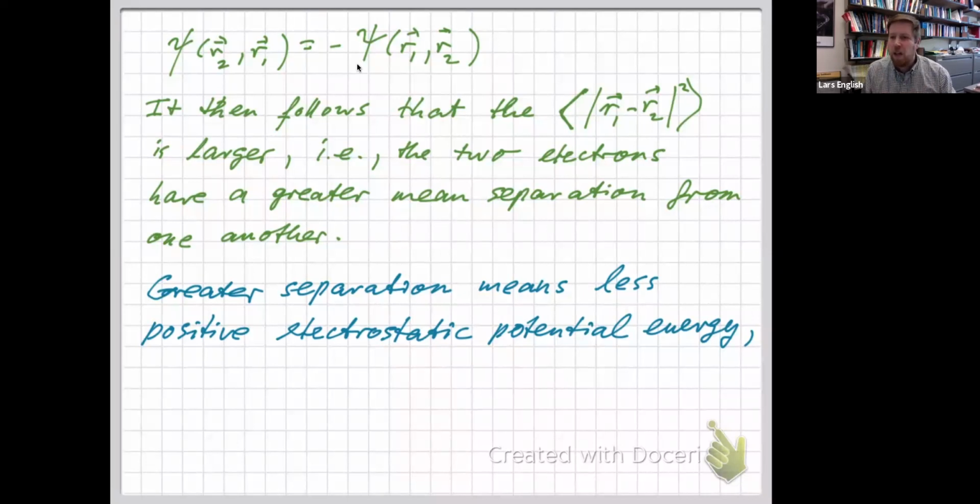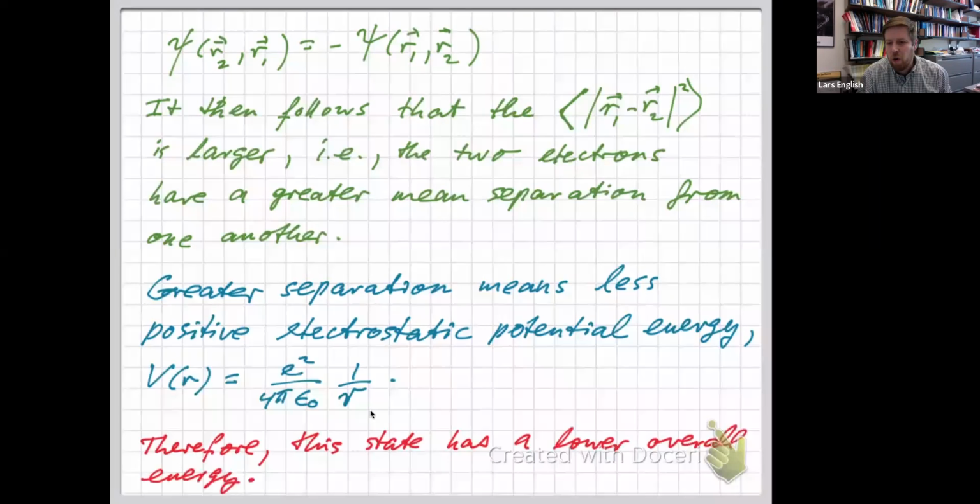And so there's less of a positive contribution to the potential energy. The potential energy is partly given by this interaction term, e squared over 4 pi epsilon naught times 1 over r, and so the closer they get, the larger this becomes. Clearly we see that this state has the lower overall energy.